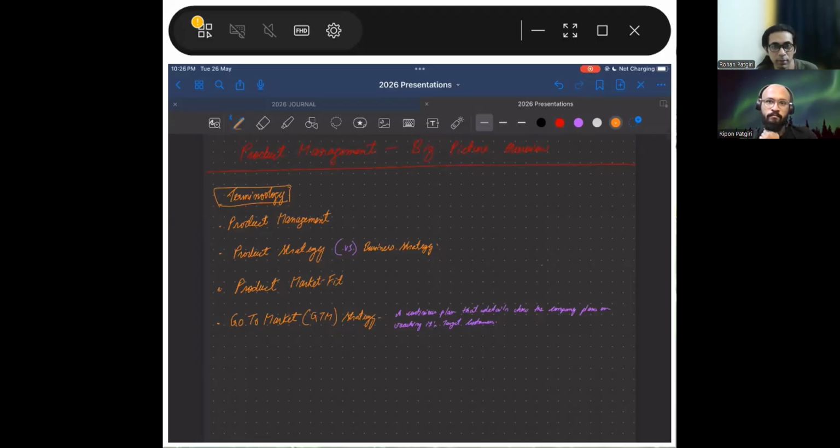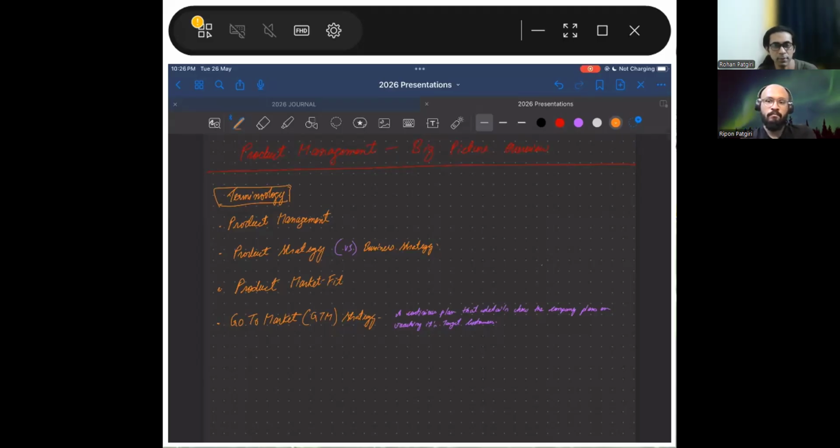But what's more important to understand is the difference between product strategy and business strategy, because the business strategy of a company is the broader strategy. A company might have multiple products within its portfolio, particularly if it's a bigger business.